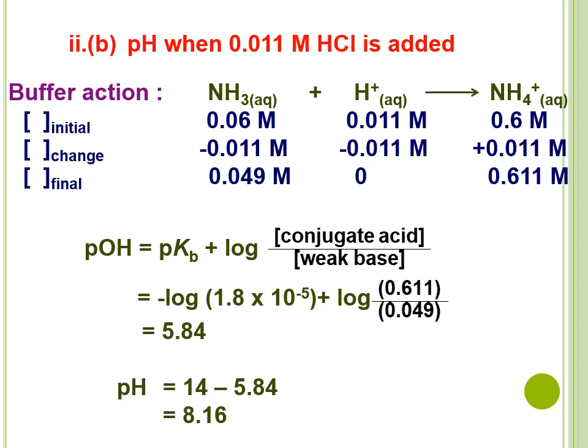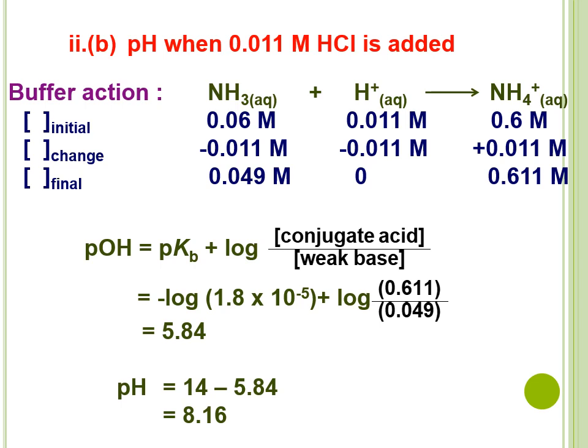And we're going to get the final concentration for ammonia. It would be reduced, which is 0.049. And for ammonium ion, it is increased. It becomes 0.611 molar. Substitute all the values into the Henderson-Hasselbalch equation and you get the pOH 5.84, pH 8.16.